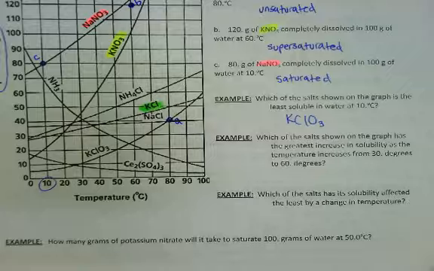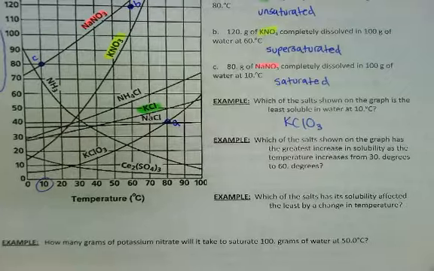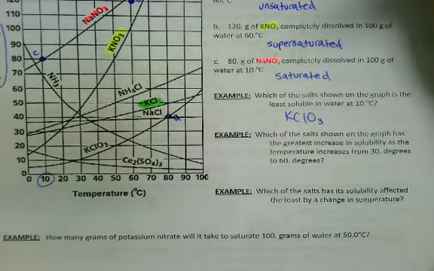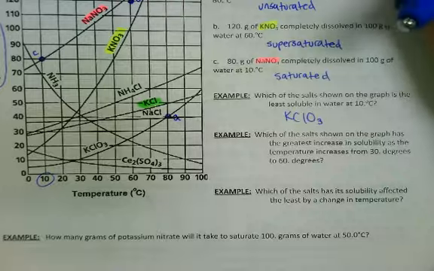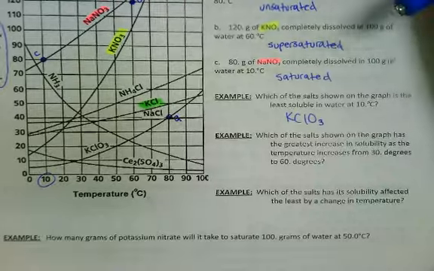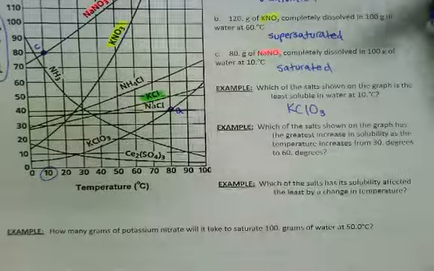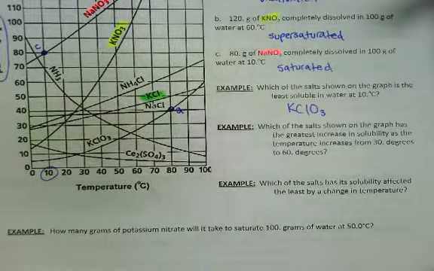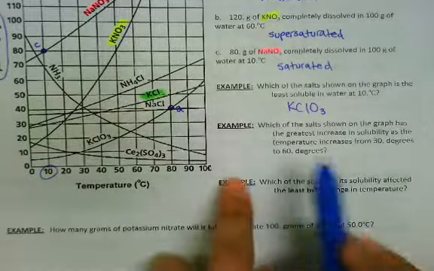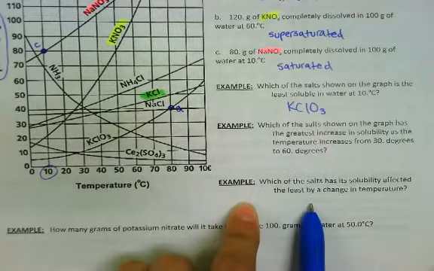These next two you should be able to do if you are able to interpret the slope of something. Whether or not a slope is steep is going to help you figure out the answers to these two questions.